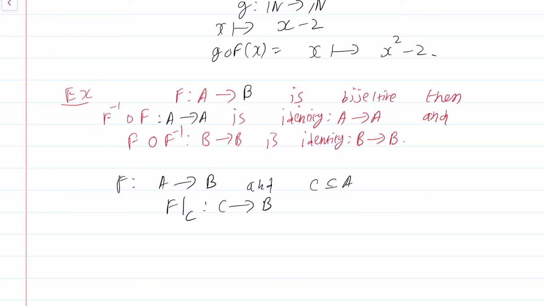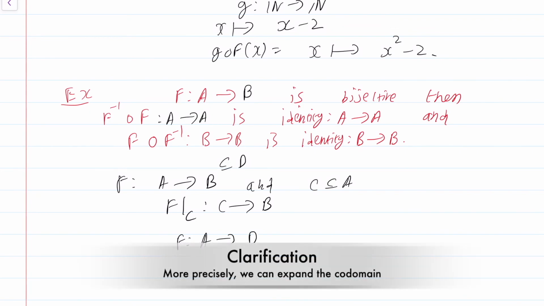Similarly, if you have a function f from A to B and B is a subset of some D, then you can also consider f as a function from A to D. You can also expand the range.